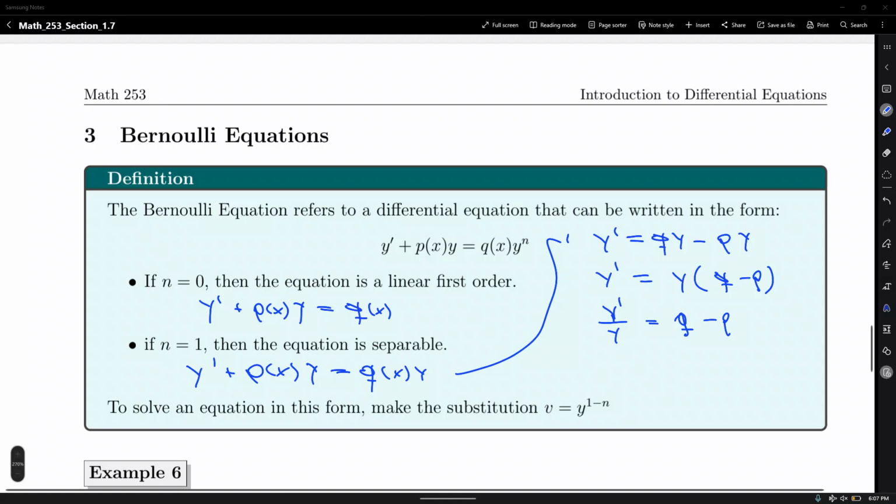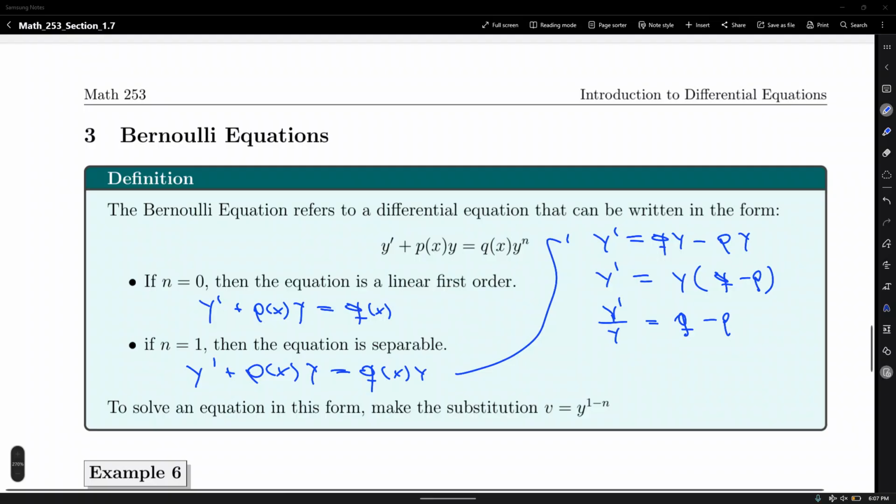But what was the trick to solve a linear first order equation? To turn it into a separable equation and then solve it. Now, with Bernoulli's equation, the magic touch is to turn a nonlinear differential equation into a linear one, which at the same time becomes really separable, right?